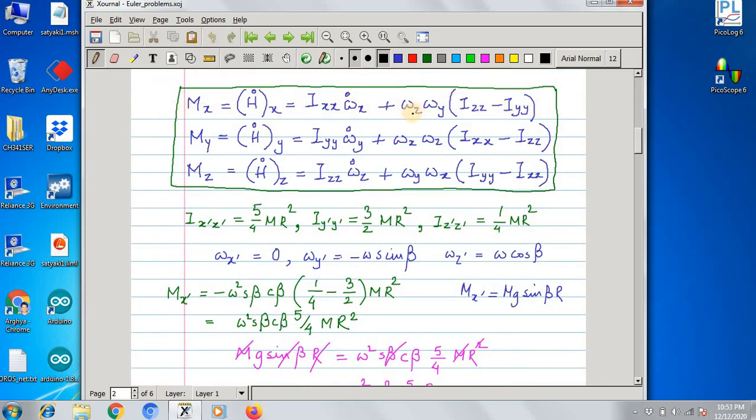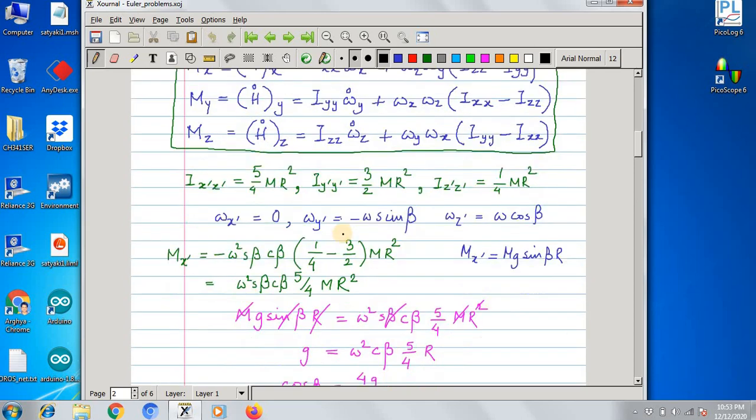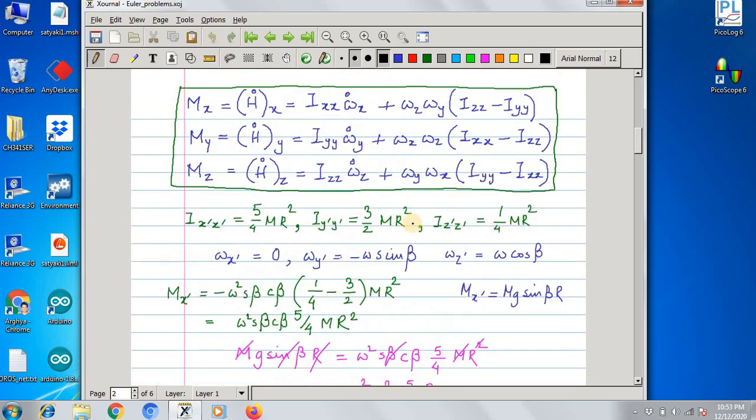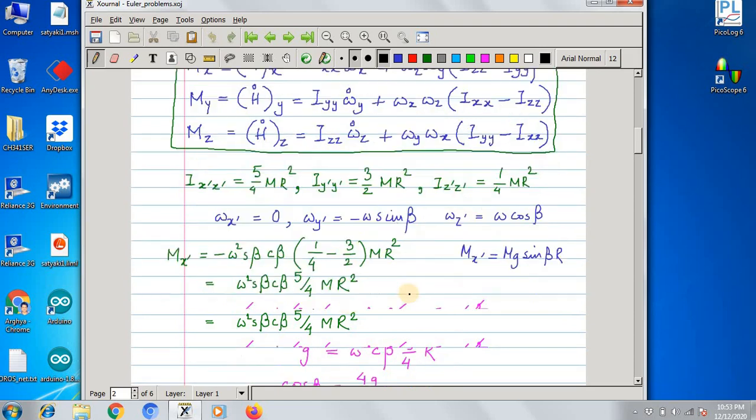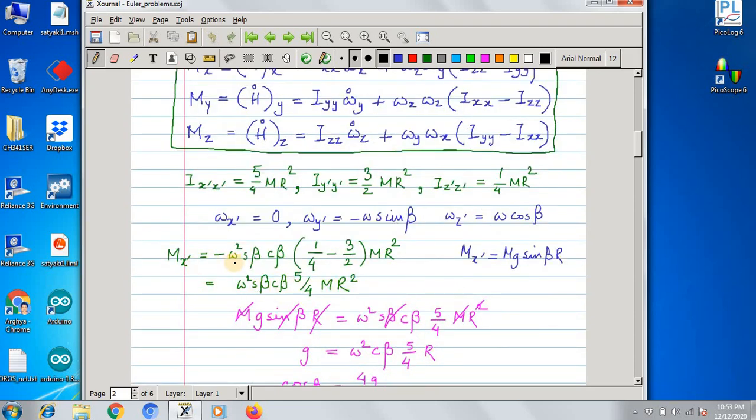In the first equation, omega z is this and omega y is this, with Izz and Iyy, that is Iz dashed z dashed, Iy dashed y dashed. If you put in the values, then omega x dashed is minus omega square sine beta cos beta into (1/4 minus 3/2) mr square. Now what is Mx dashed?